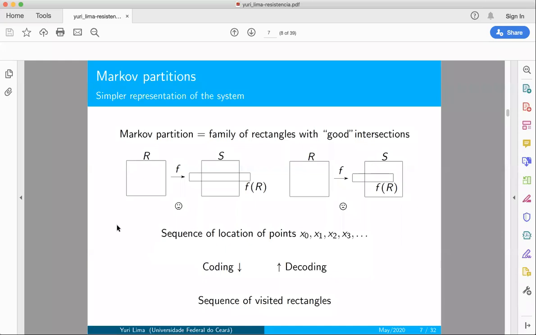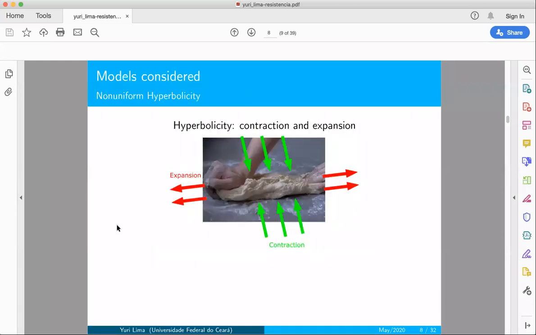All right. So the models that I will consider in this talk are a subclass of non-uniformly hyperbolic models. Just to recall, you might all know, but I always like to make this comparison between uniform and non-uniform hyperbolicity.